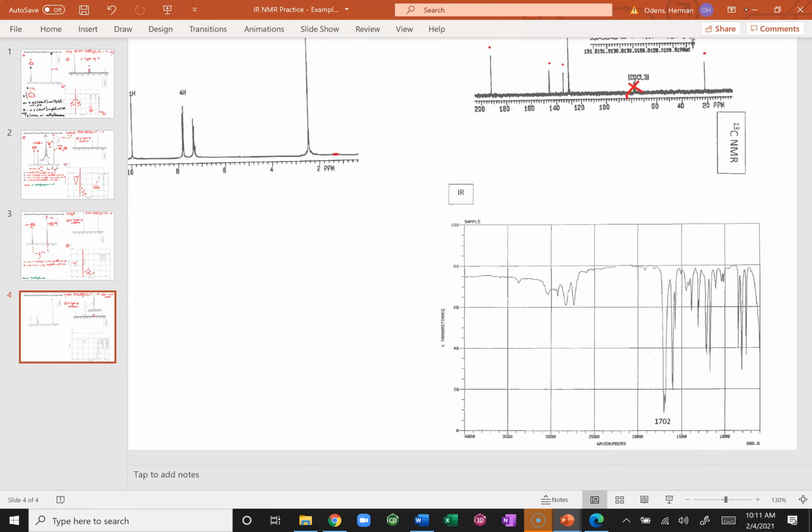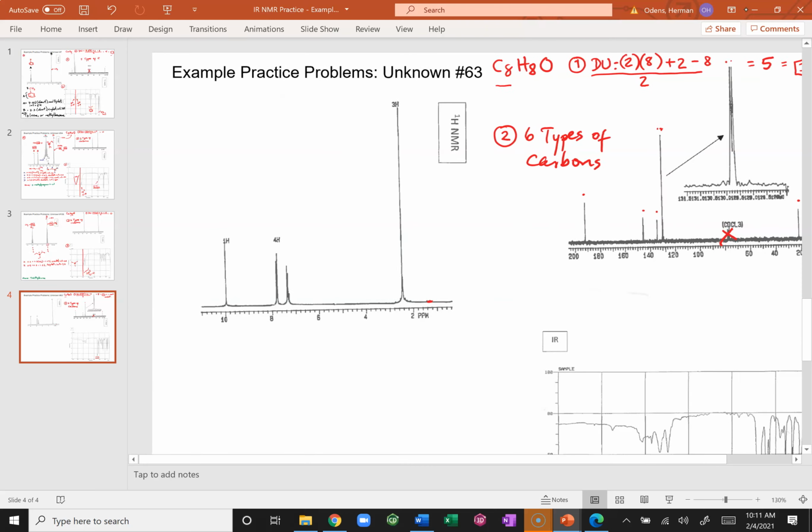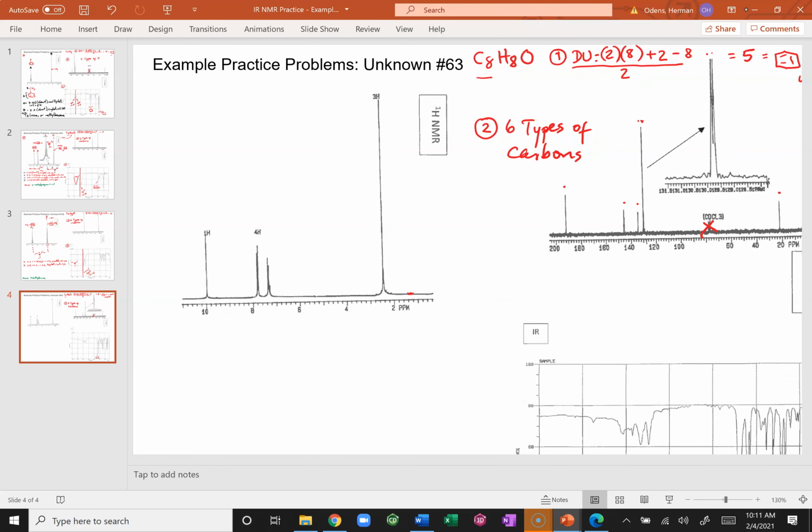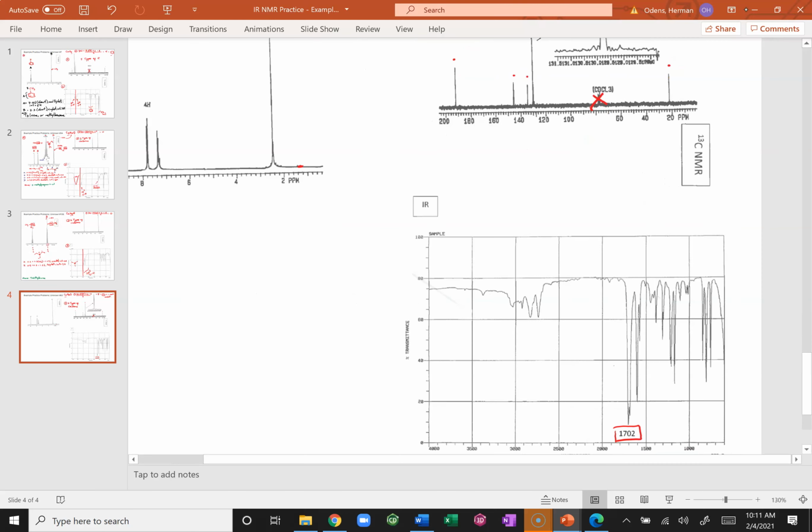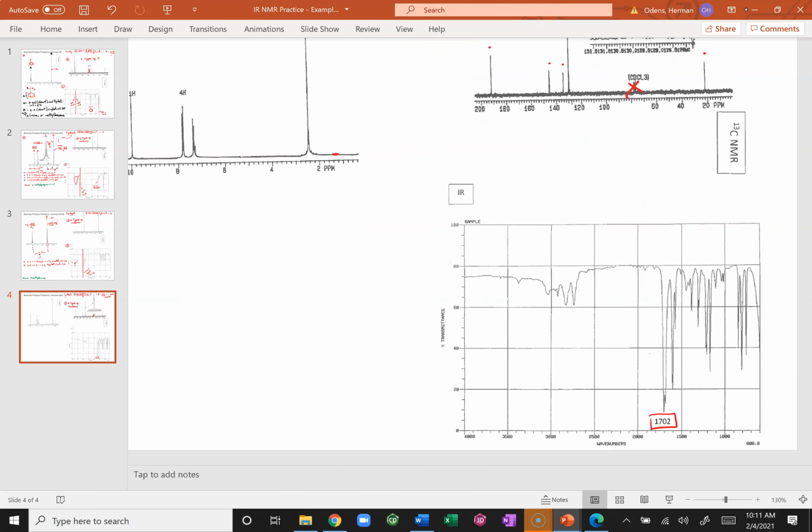All right, check this out. Notice that I'm giving you a number there for the carbonyl, 1707. Check out the formula. It has an oxygen. At 1707, what is that? We're going to solve the infrared as number 3.